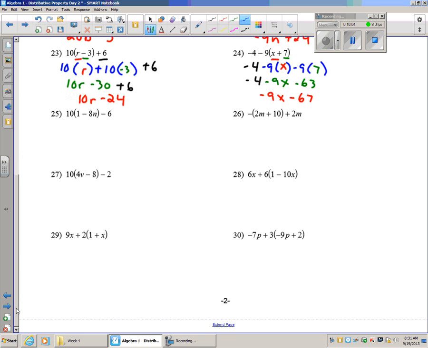Number 25. The 10 is being distributed to two different things. And the negative 6 just drops down. The first term is 1, and the second term is negative 8n. 10 times 1 is 10. 10 times negative 8n is negative 80n.